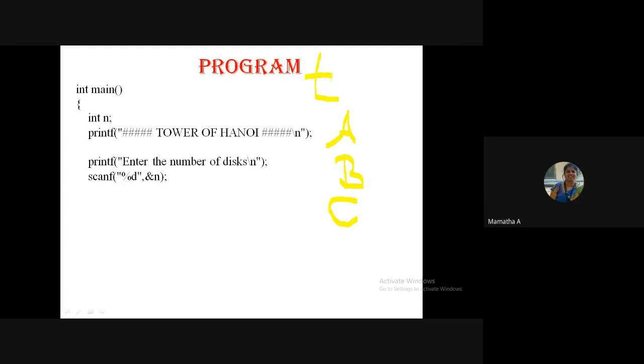The function name I give as tower. Now tell me, what is the initial function call here? Tower. Move from where to where?